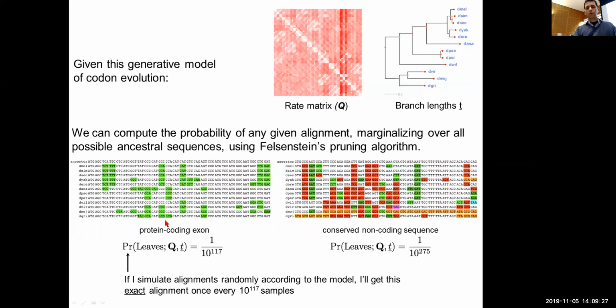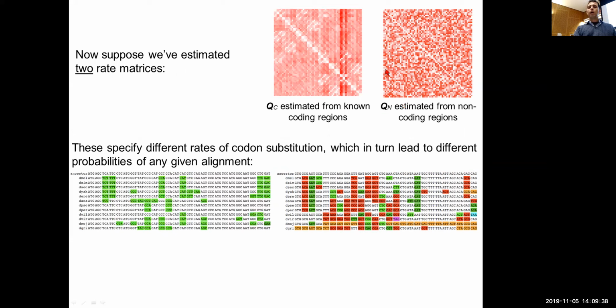But much more interestingly, I can estimate a coding matrix QC and a non-coding matrix QN. Then I can say which of the two models of the world better fits the data. I'm going to do a log odds ratio of how much more likely it is that the data was generated according to the coding matrix or the non-coding matrix.